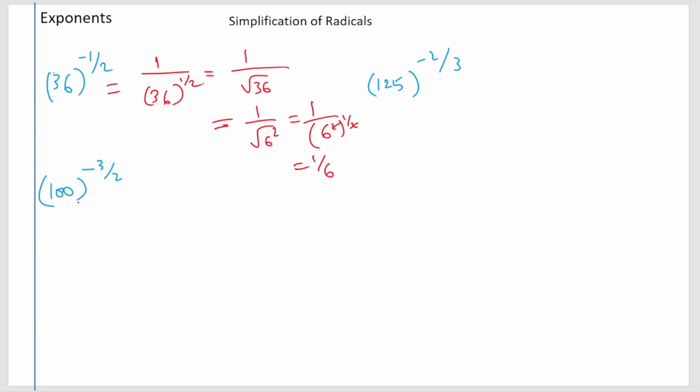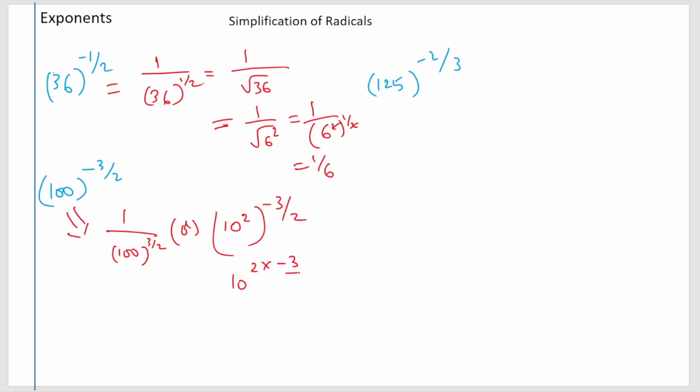Okay, this power, you can write it as 1 by 100^(3/2), or else you can also simplify here itself. 100 can be written as (10^2)^(-3/2). By the (a^m)^n formula, we can write it as 10^(2 × (-3/2)).